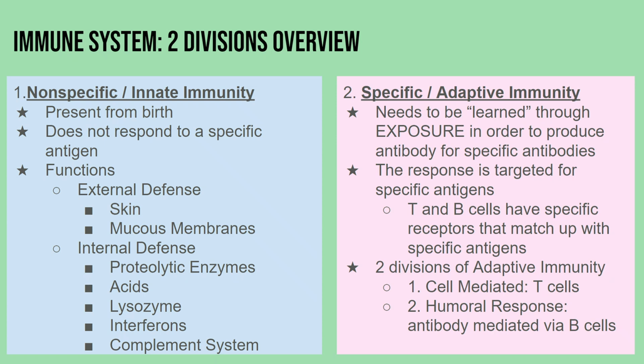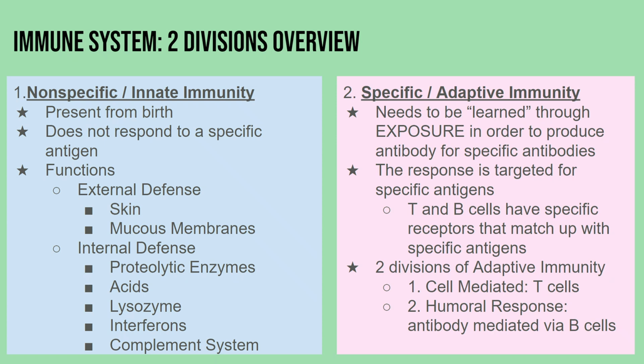Internal defenses for nonspecific or innate immunity include proteolytic enzymes, acids, lysozyme, interferons, and the complement system. These are all very general systems in your body that will attack any pathogen that's not supposed to be there, regardless of what it is. For example, your stomach is a very acidic environment, so if any pathogen entered your stomach, the acid will try to fight off or kill it.